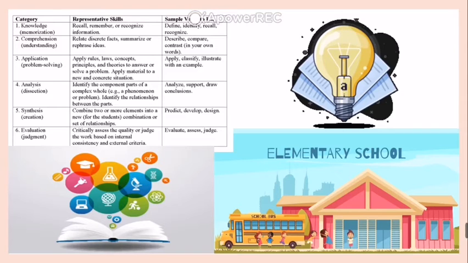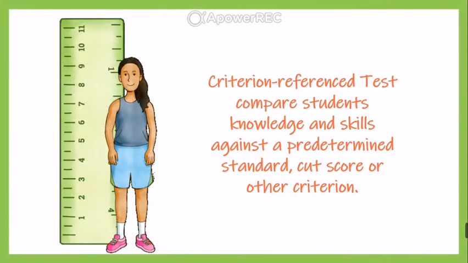The purpose of a criterion-referenced test is to measure an individual's level of skill or mastery over a specific body of knowledge being represented by the test. As a result, there are certain design characteristics that must be considered when developing criterion-referenced tests. Criterion-referenced tests compare students' knowledge and skills against a predetermined standard, cut score, or other criterion.